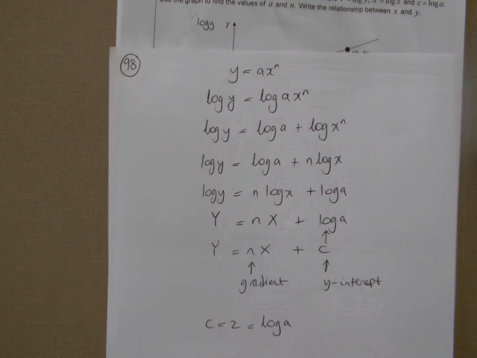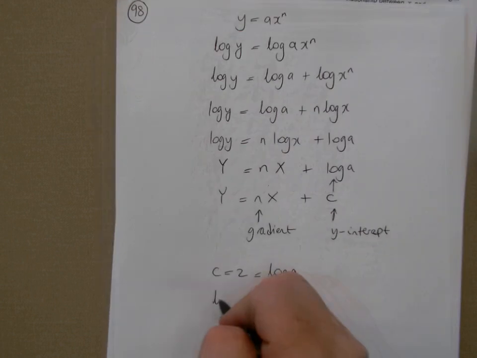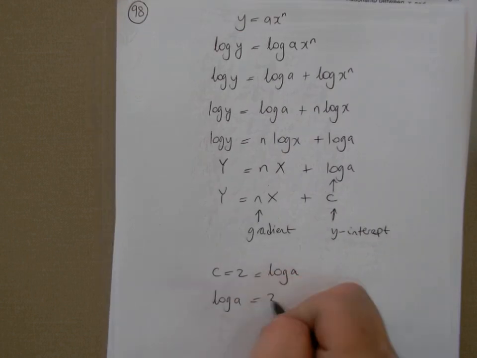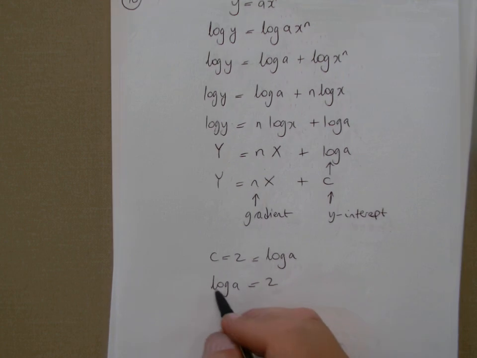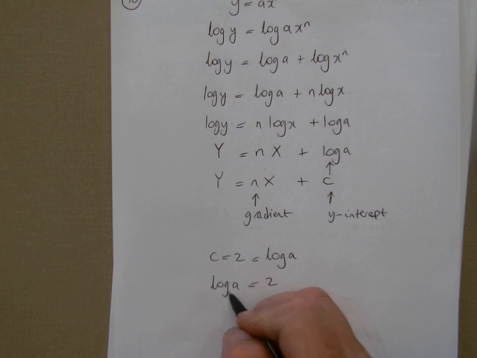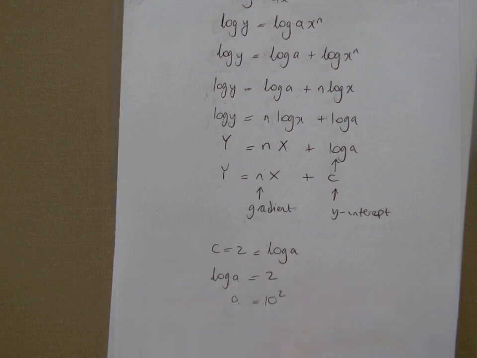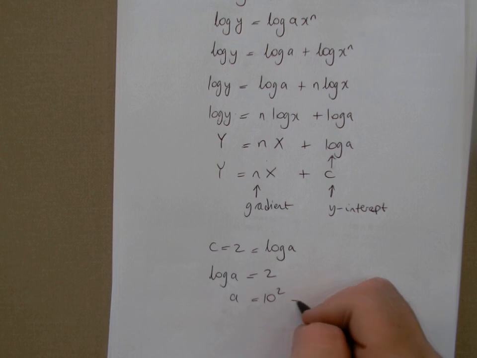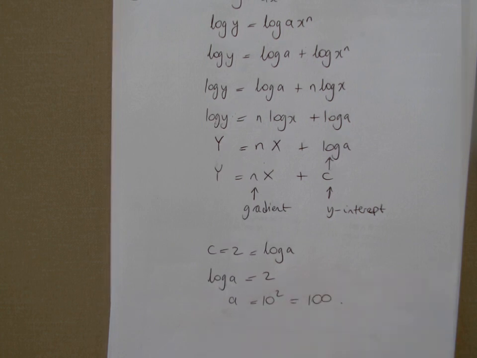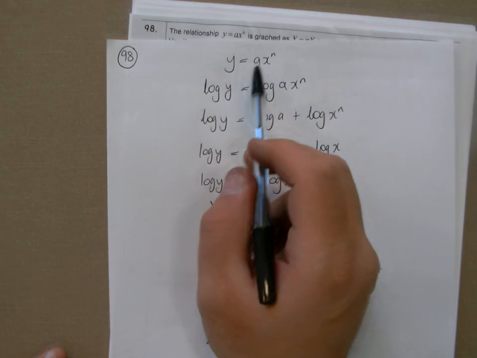So if log to the base 10 of a equals 2, to get a I swing the base over, so the base to the power: a equals 10 squared, which is 100. So straight away I've worked out what a is, and that's the objective.